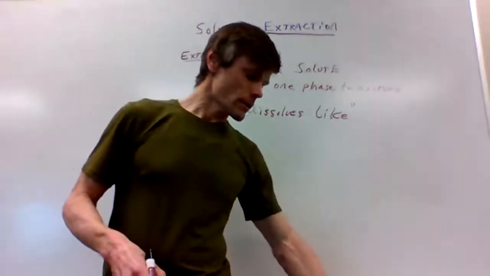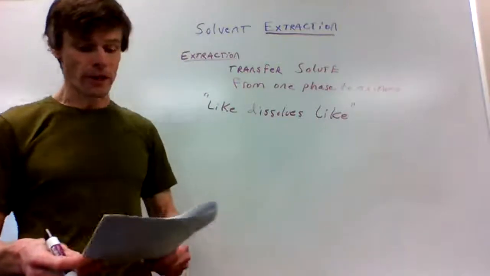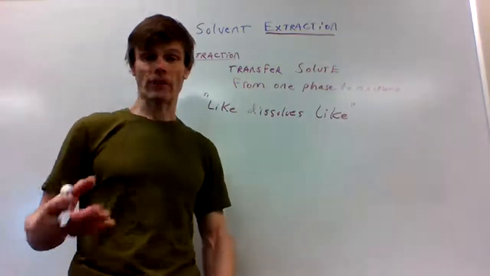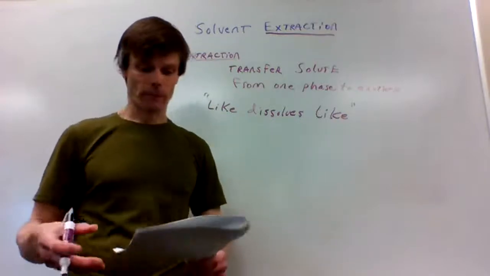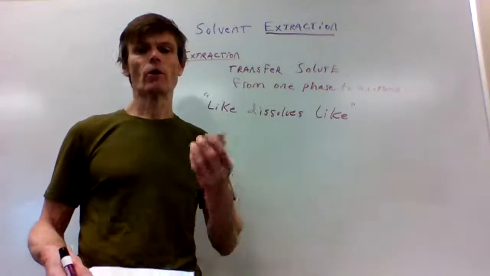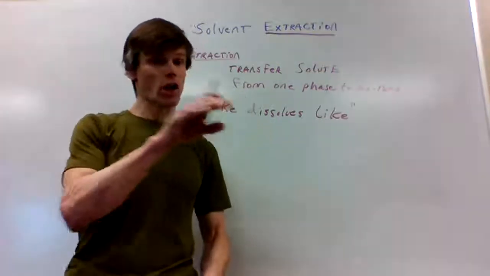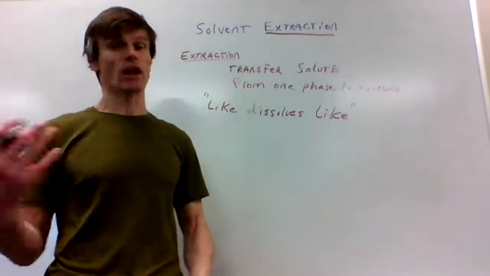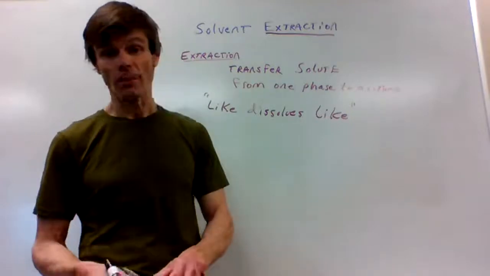So we're going to look at a solvent extraction involving water as our polar solvent and an organic solvent. If you haven't taken organic chemistry, organic compounds are going to be compounds that have usually long chains of carbon and a lot of hydrogen, and they're not very polar. They're very nonpolar.